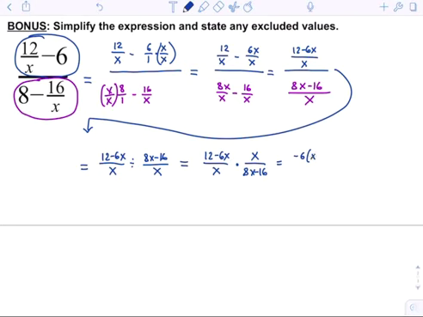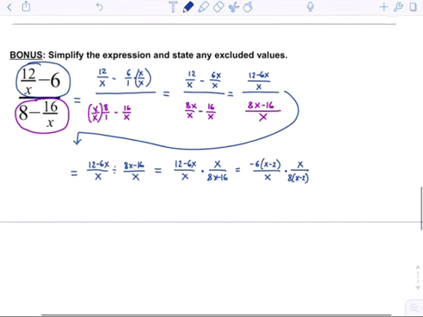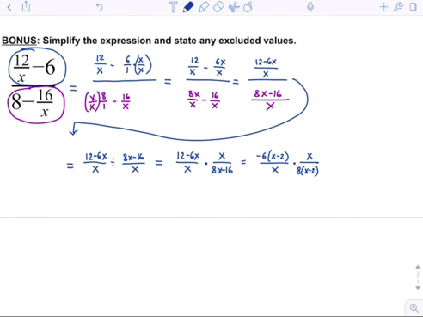So we're going to get x minus 2 right there, all over x, times x over 8 out of x minus 2. Since we factored everything, it's important that right here you write your excluded values. X cannot be 0 from this one, and x cannot be 2 from this one.